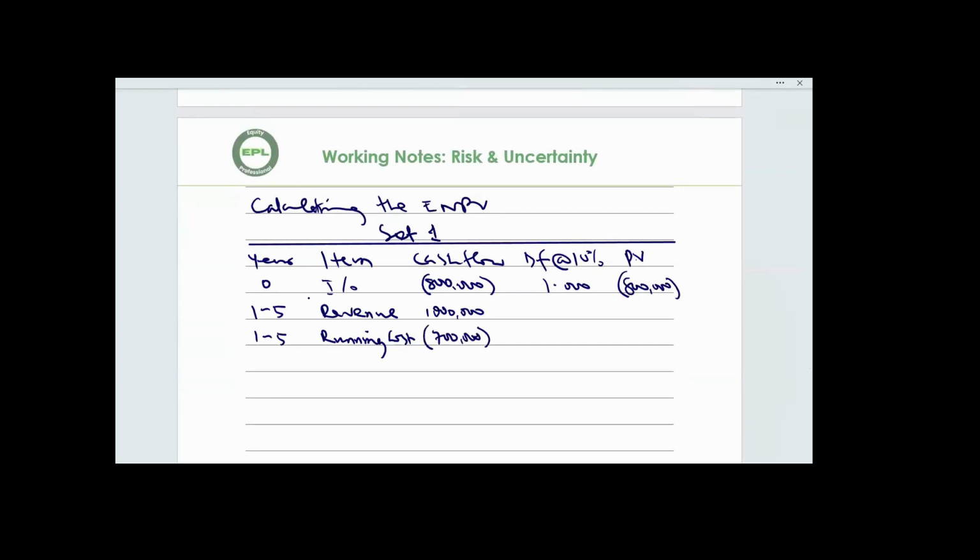Therefore, somebody should give me the annuity factor of year 1 to 5 at 10%. I think this should be 3.791. So when you multiply, this is 3,791,000. Then the second one is what? 2,653,700.